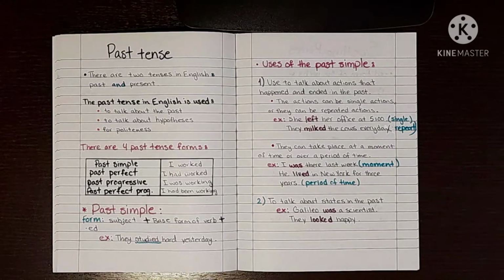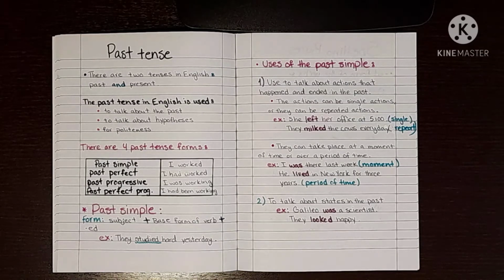For example, the simple past does not always refer to past time, but it could also be used to be polite and ask for favors. For example, I wonder if you could give me a hand.